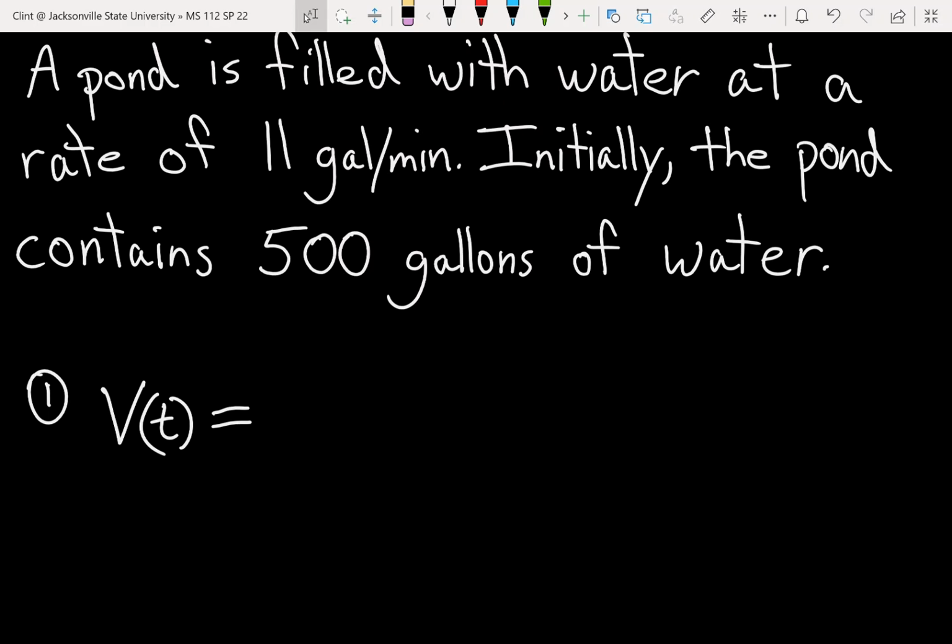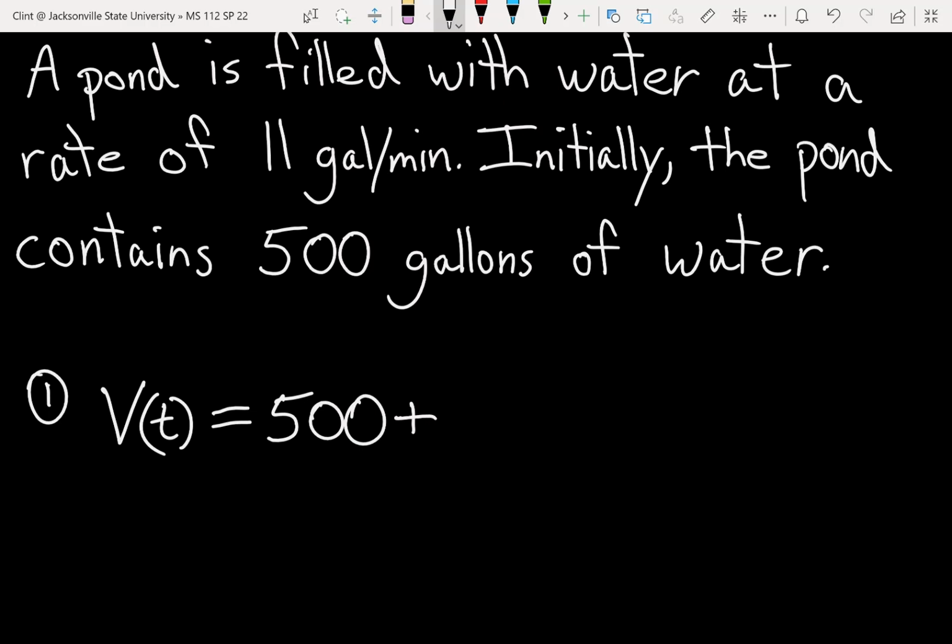First thing to look at on this one is how much water do we start with in the pond? 500 gallons, so we're going to start with 500. And then every time a minute goes by, how many more gallons do we get? We get 11 more gallons every time a minute goes by. So for every minute that passes, we're getting another 11 gallons.